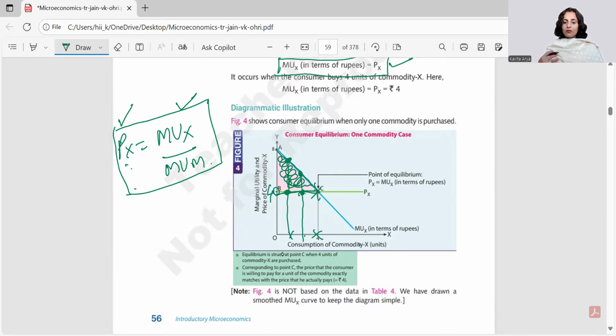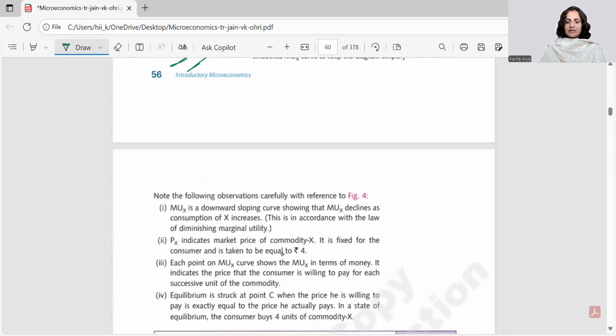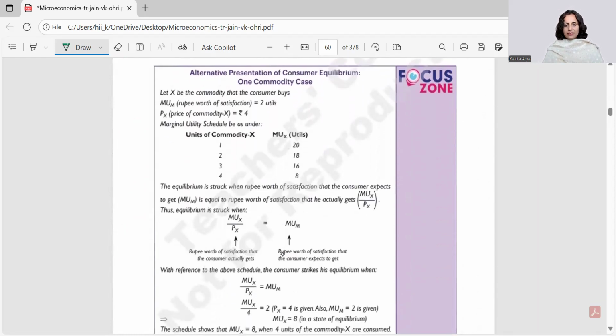And when we talk about the definition, it is the difference between what a consumer can pay and what he actually pays. So this difference is called consumer surplus. On a very similar note, we have a concept of producer surplus also, which would be dealt with in producer's equilibrium concepts, right? So I hope this is done and we have almost covered it.